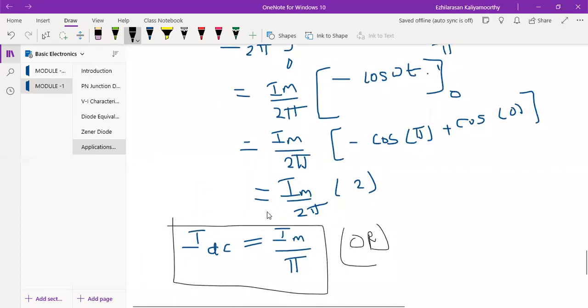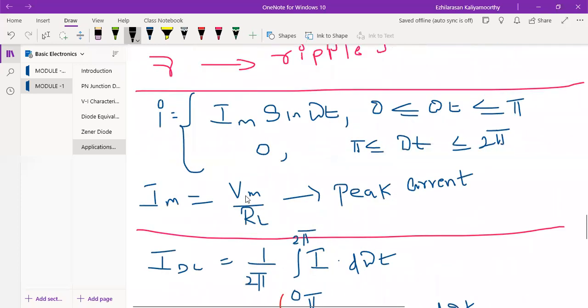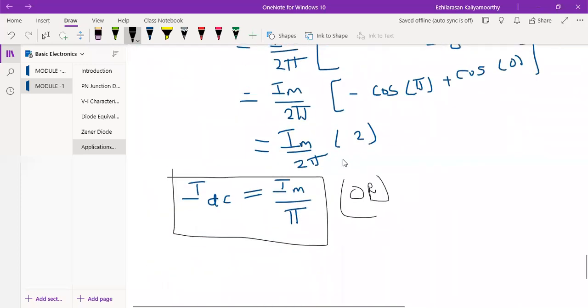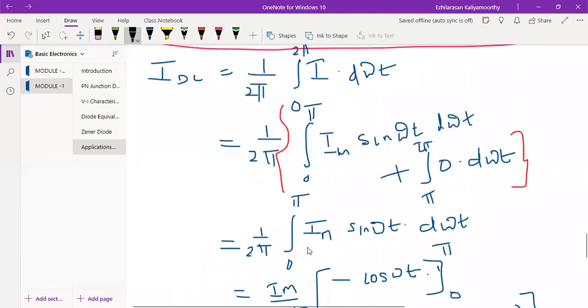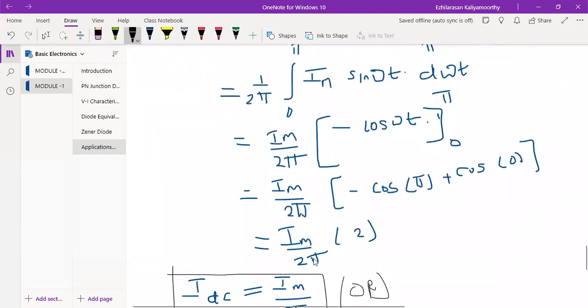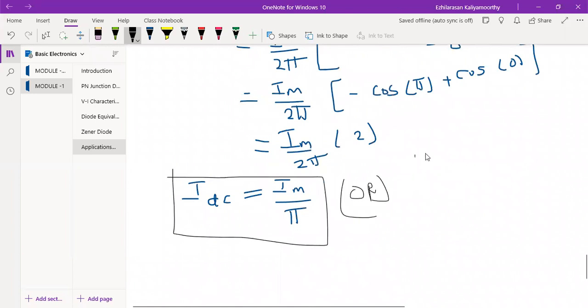IDC and Im are similar; the only thing is RL. If you consider the resistance, then IDC is equal to Im by pi, where Im is nothing but Vm by RL, so you can also write Vm by pi RL.